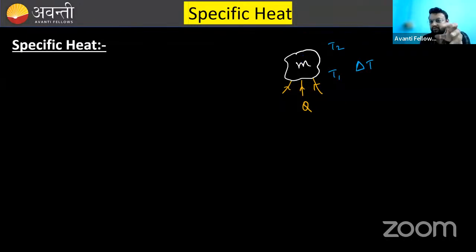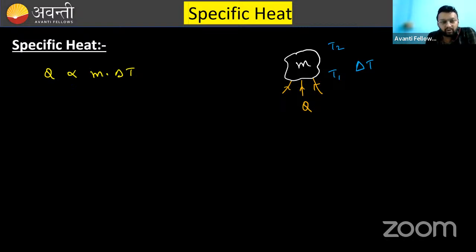There is a body of mass m, you are heating it by giving some energy Q, and its temperature is rising from T1 to T2, or you can say the total rise in temperature is ΔT. Then it is found that the external heat given, Q, is directly proportional to mΔT, where m is the mass and ΔT is the change in temperature.